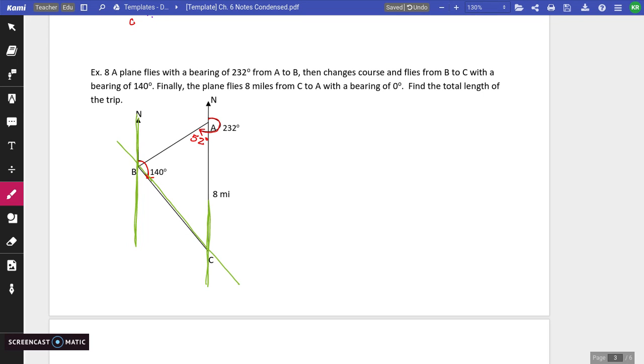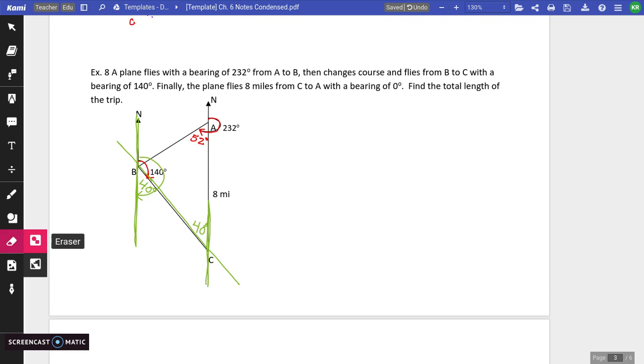Okay, so this whole angle is 180 degrees. So if this portion of it's 140 degrees, that means that portion is 40 degrees. Okay, alternate interior angles will then tell you that this angle is 40 degrees also.